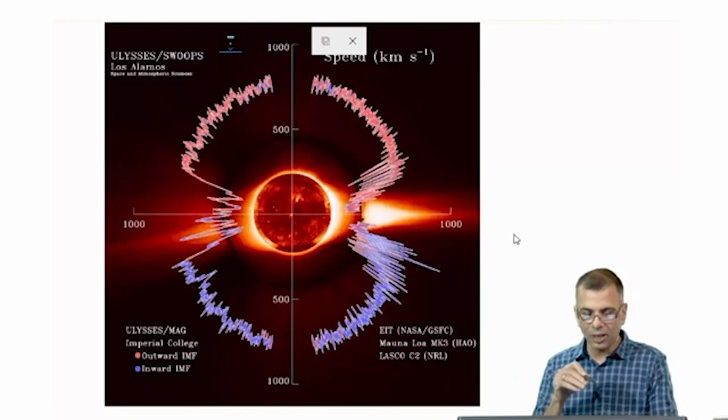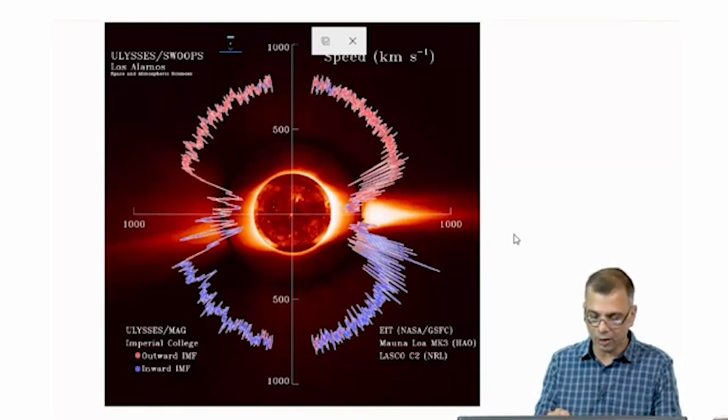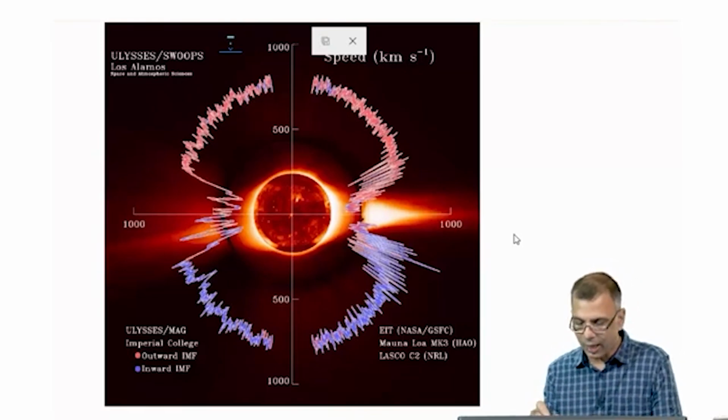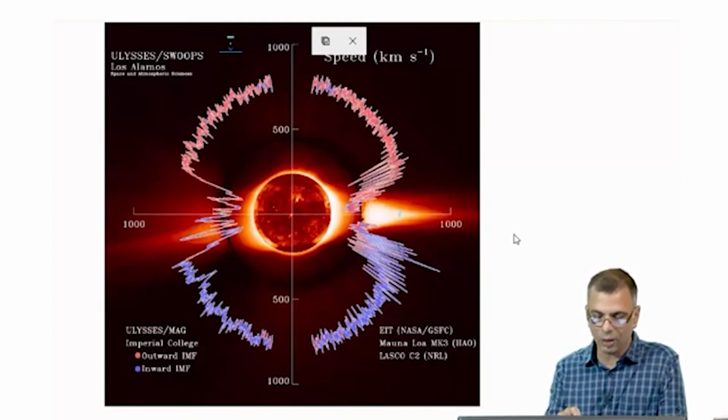Now, what are these lines? These are measurements of solar wind velocity. Okay, so you have 1000 here and 500 here. So what this is saying is that around the equator, you see this is the equator of the sun, and around the equator the velocity of the solar wind is around 500 kilometers per second, something like that. Here it turns out that it's even lower.